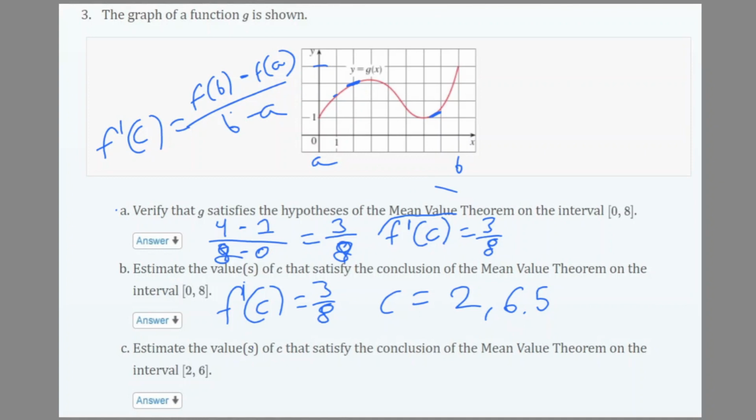So C is estimate the values of C that satisfy the conclusion on the interval 2 to 6. So now we're working with a different interval. 2 is over here, and then we're going to have 3, 4, 5, 6.